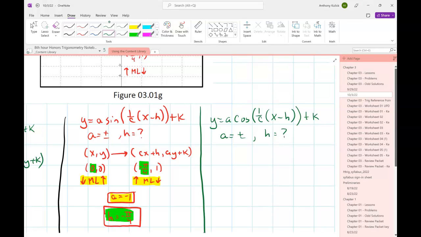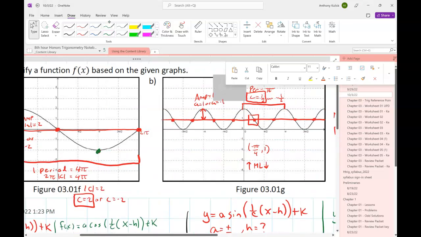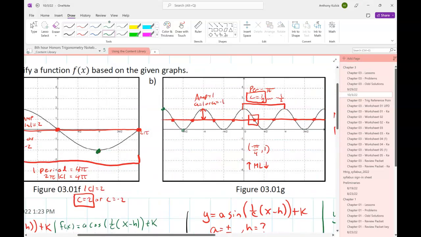Since we're doing cosine, using 0, 1, which was a maximum. And I'm going to map that to any extrema from my function.